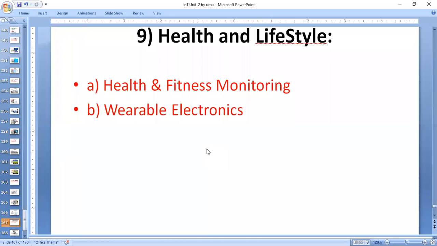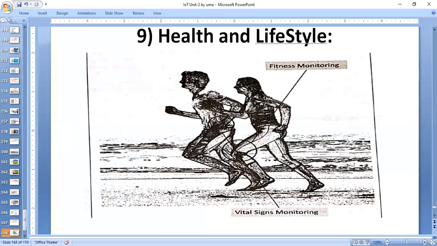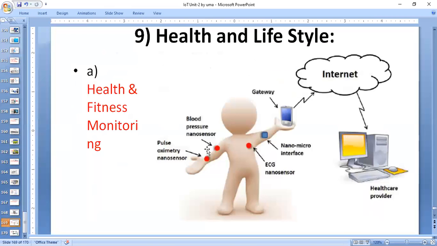The final one here is health and lifestyle. Here, health and lifestyle indicates fitness monitoring and vital sign monitoring, that means health and fitness monitoring systems.